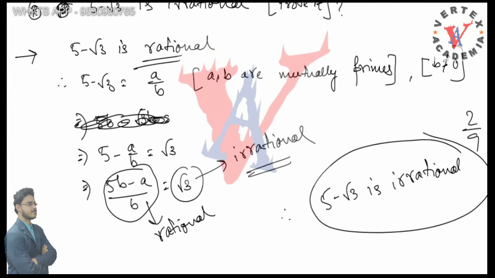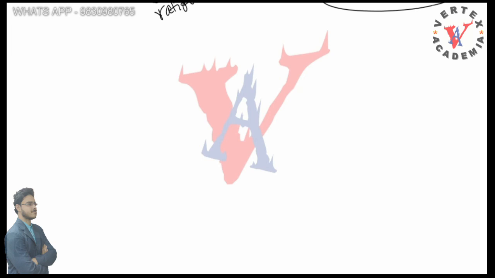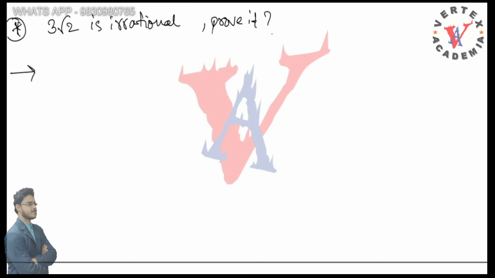Now similar, another type of problem here. Hopefully my screen is working now. So the next is, for example, if you have to prove 3 root 2 is irrational. So here also the technique is by contradiction.